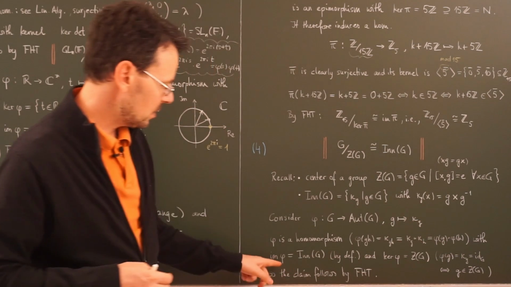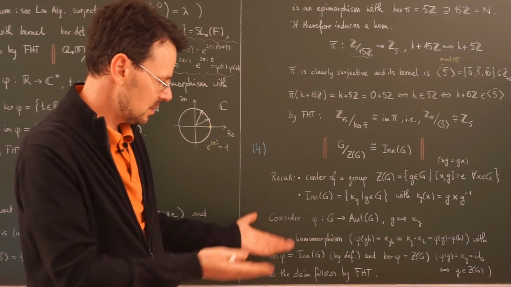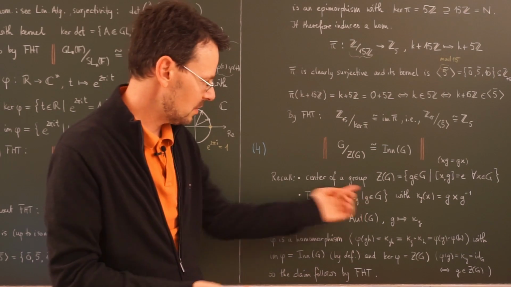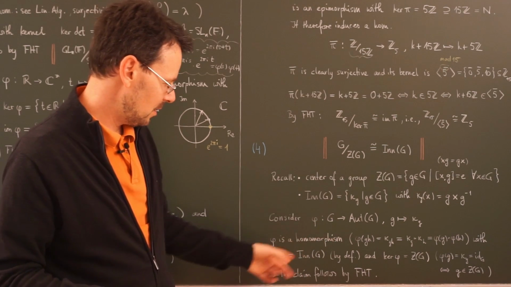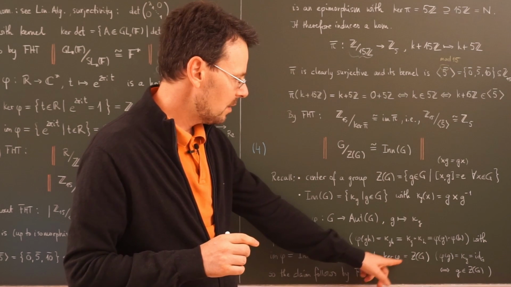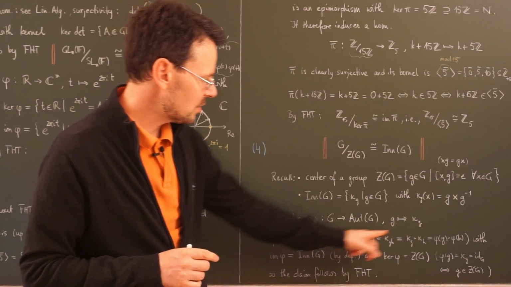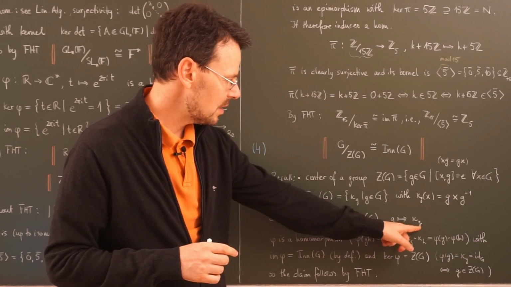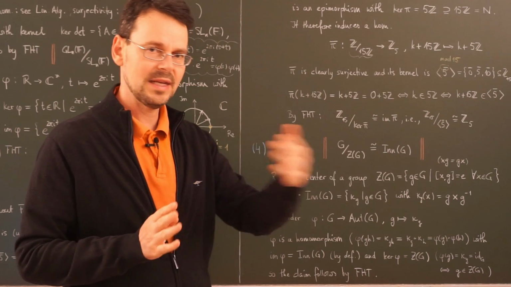And then, of course, what is the image of phi? The image, by definition, consists of all the inner automorphisms, because they are defined as kappa sub g. So the image of phi is this. And what is the kernel? The kernel consists of all group elements such that kappa sub g is the neutral element of this group, which is just the identity.